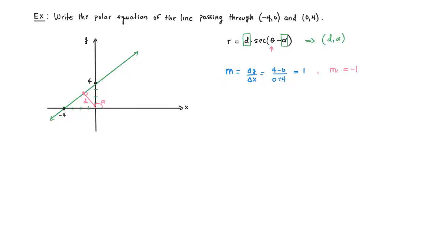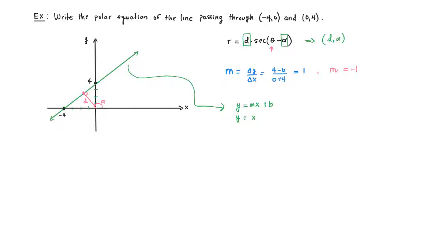Now, what is the equation of the green line? So the equation over here of this line. So let's see, we are going to use y equals mx plus b, y equals x. We know the y-intercept. The y-intercept is the point 0, 4.